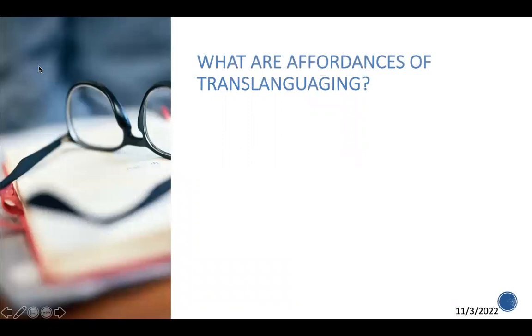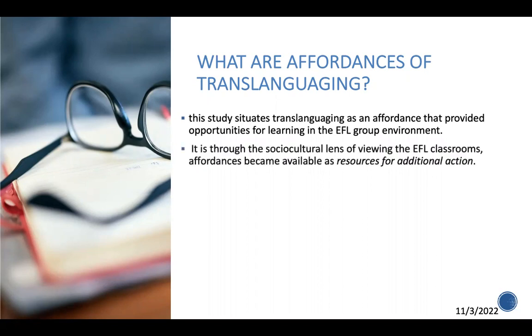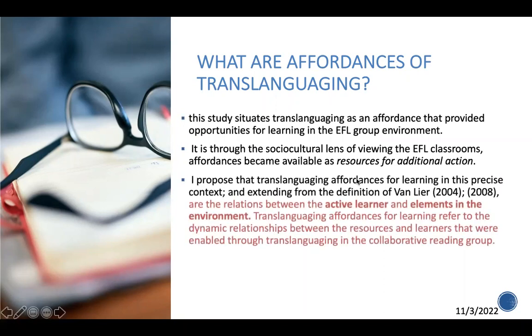Okay. So what are the affordances of translanguaging? What I mean by affordances is that this study situates translanguaging as an affordance that provided opportunities for learning in the EFL group environment. And I'm looking at this from the sociocultural lens of viewing the EFL classroom affordances. So the affordances or opportunities became available as resources for students and for additional action.